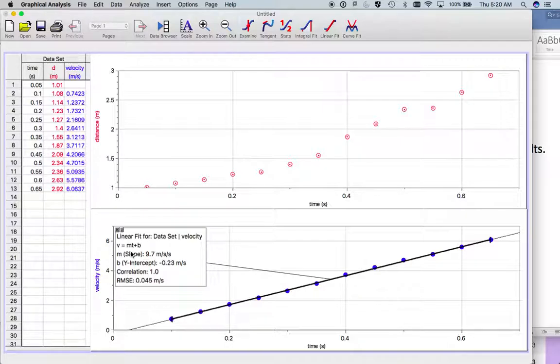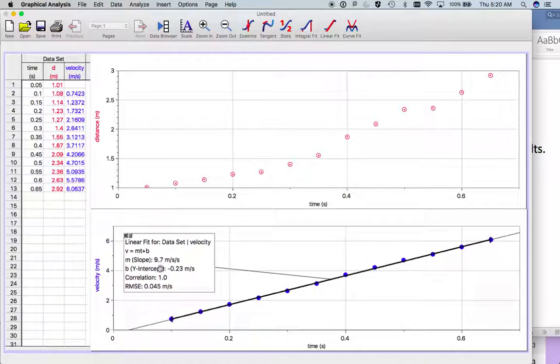Now we can go a little bit deeper. We see that the acceleration is the slope of the velocity-time graph. The acceleration here is 9.7 meters per second per second. That tells you what your acceleration is.